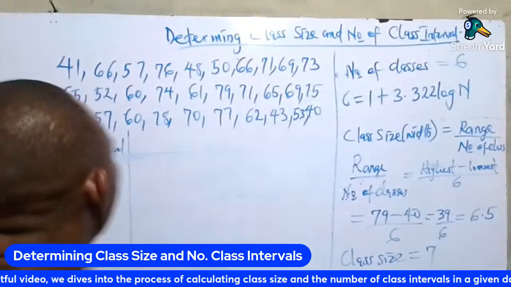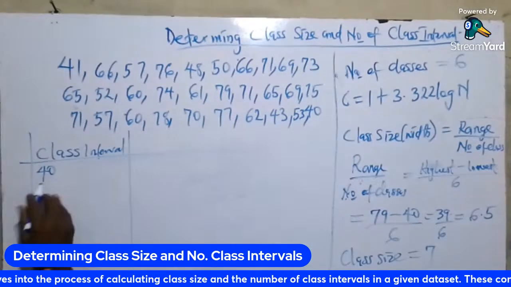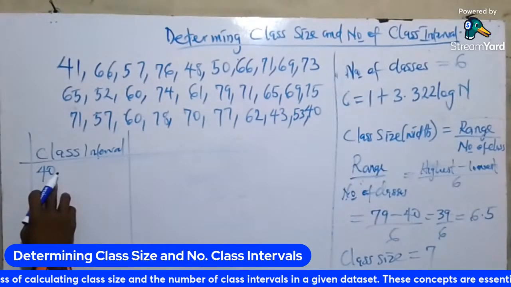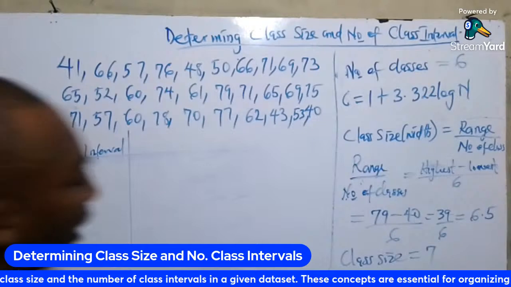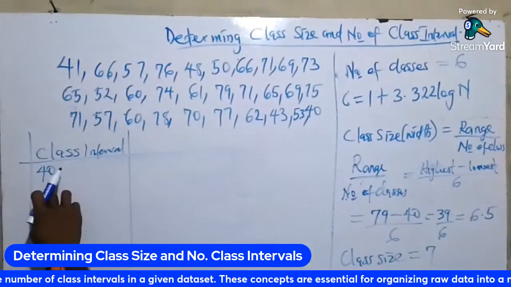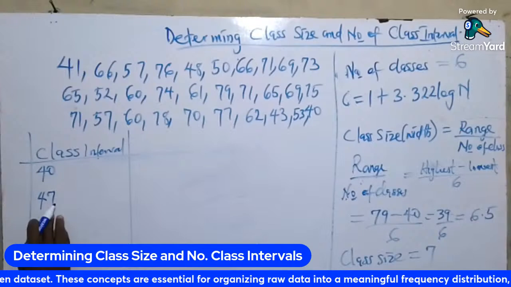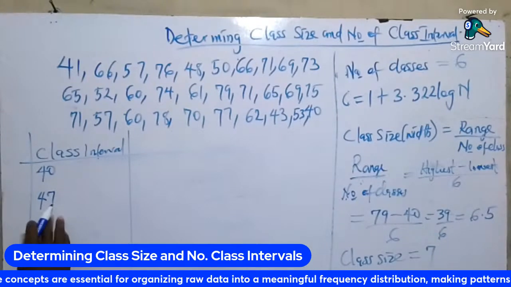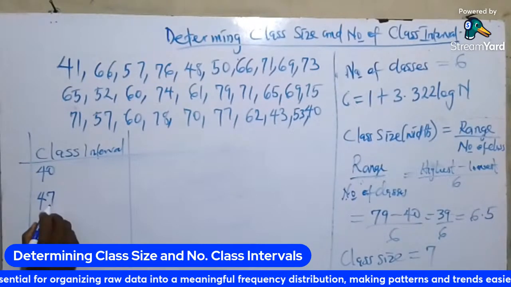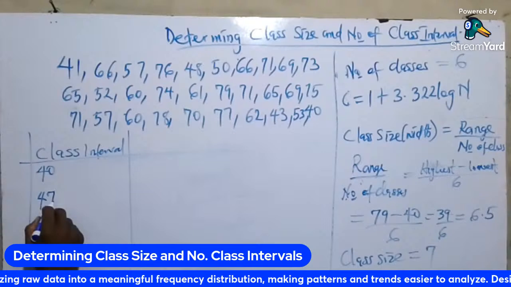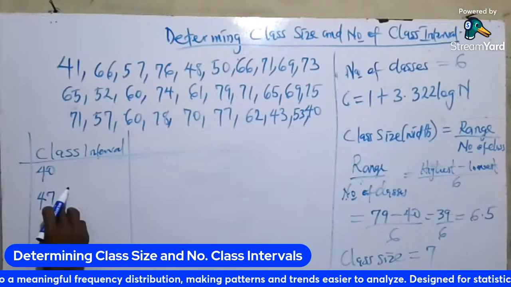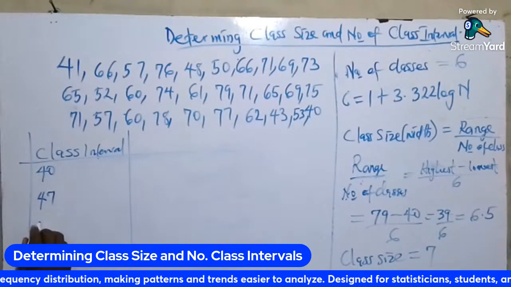So your class size is what will be added to this. If I add 7 to 40, that will give me 47. If I add 7 to 47 again, that will give me 54.